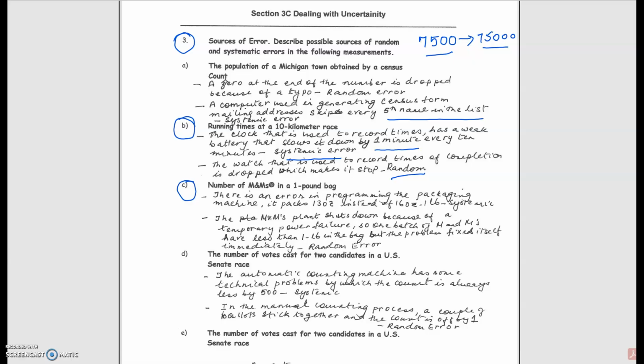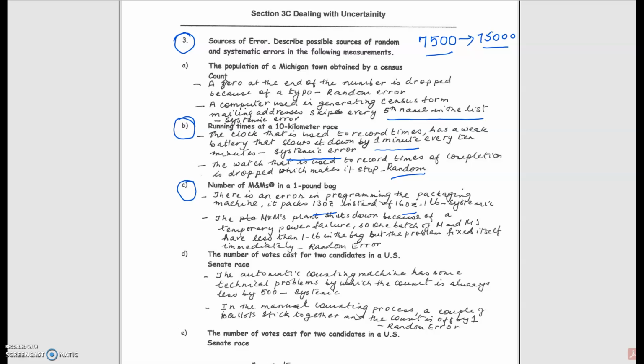Bags are filled by machines, and machines are programmed in a way that the exact amount is filled in a 1-pound bag. So let's say there was something wrong with the programming of this machine and somebody made a mistake in the program and it fills only 13 ounces instead of 16 ounces.